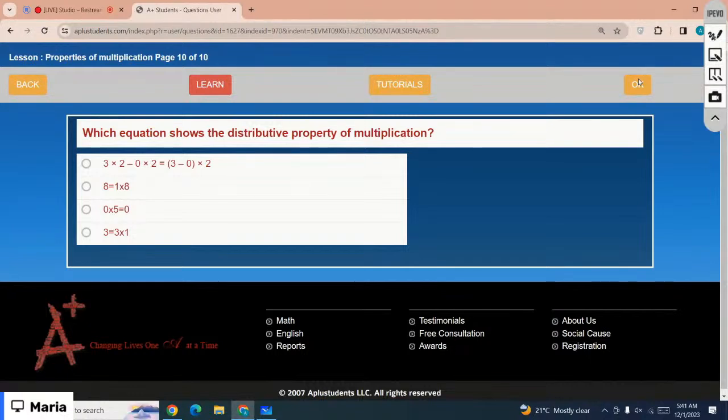Which is the correct option? That is option number 1, right? Option 1 is the distributive property over subtraction. The correct option is option number 1: 3 times 2 minus 0 times 2 equals 3 minus 0 times 2. Option 1 is the correct option.